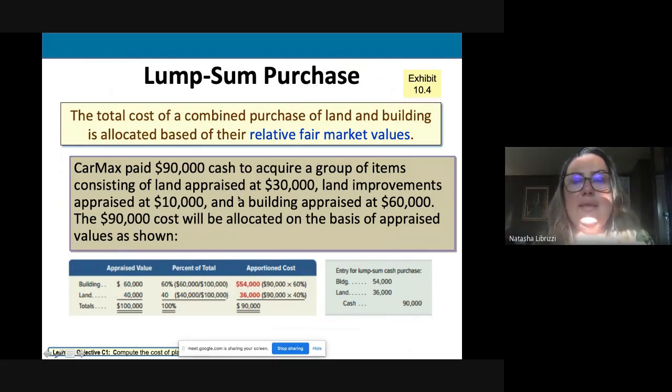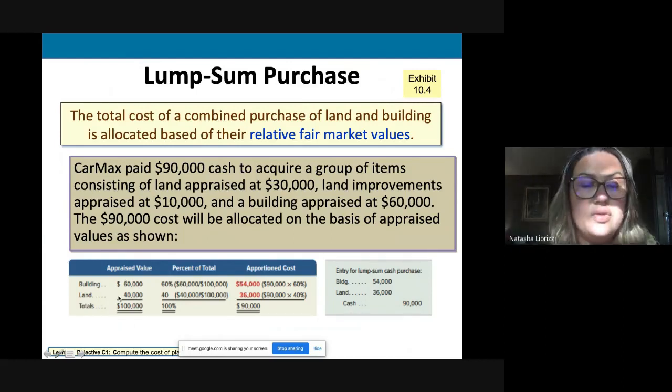In this case, consider land appraised at 30, land improvement appraised at 10. In this example, they put everything at 40. I would actually make it three categories, but for the sake of this example, we're going to keep it together. I would actually have land improvement separate. So land we're going to say is 40, building is 60.